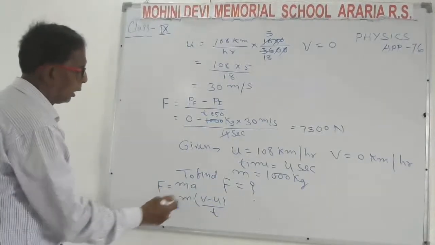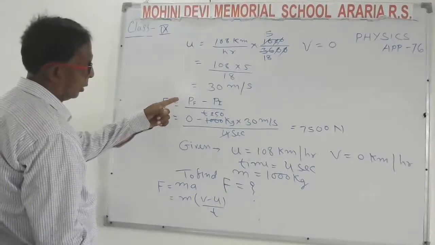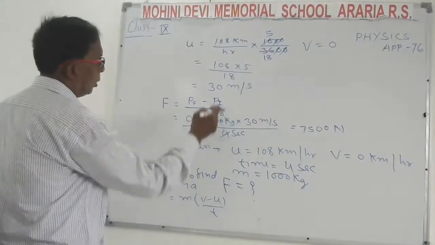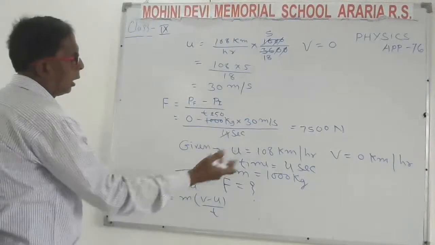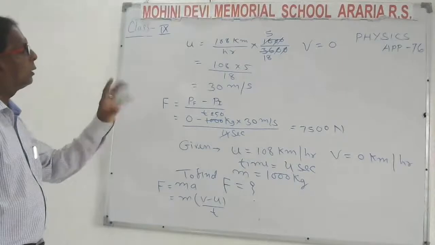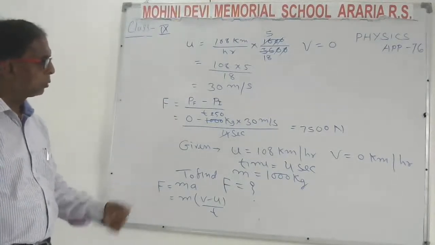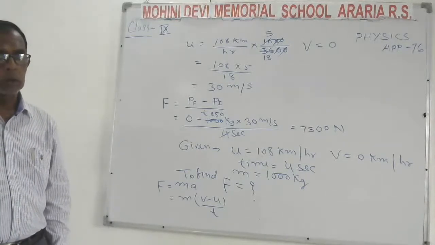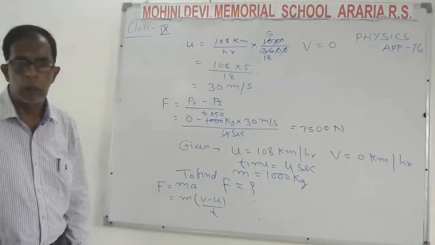All values are given, and the same equation you are going to solve: m into v, final momentum, minus m into u, initial momentum, by time. Then again this number comes and you have to solve. It means the formula F equals Pf minus Pi by time is similar to F equal to m into a. Okay, my students, by these two ways you are able to solve this numerical.